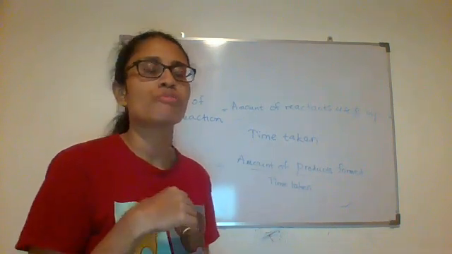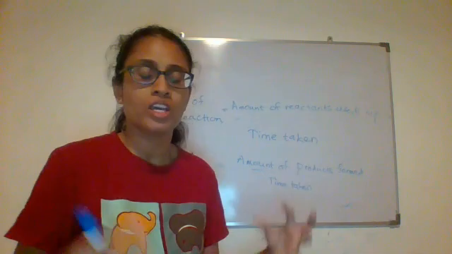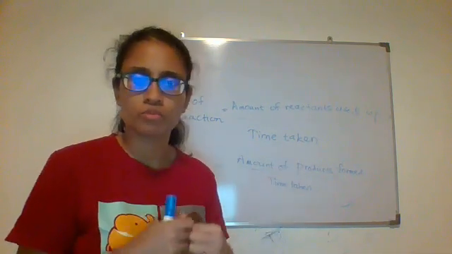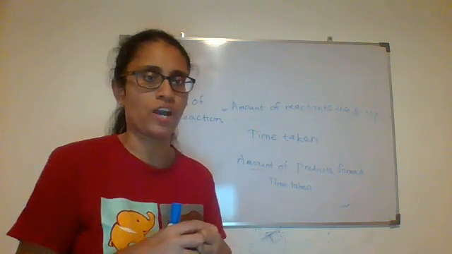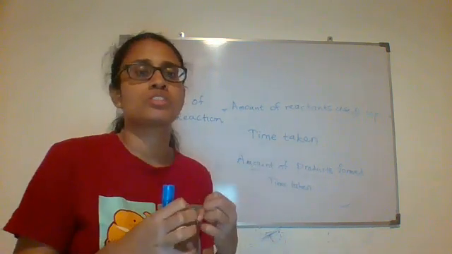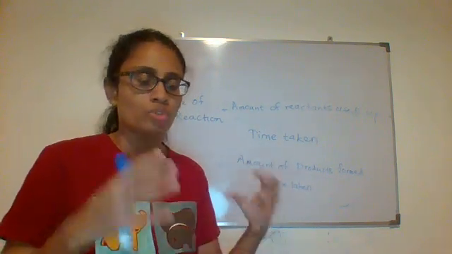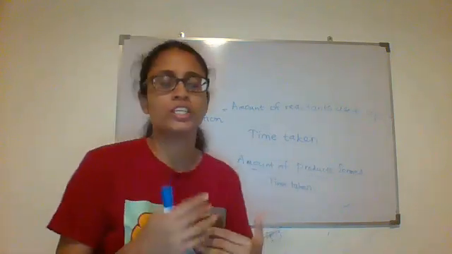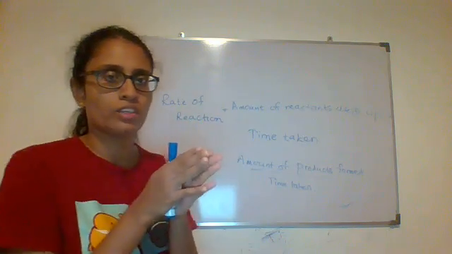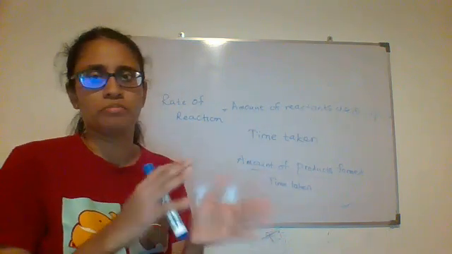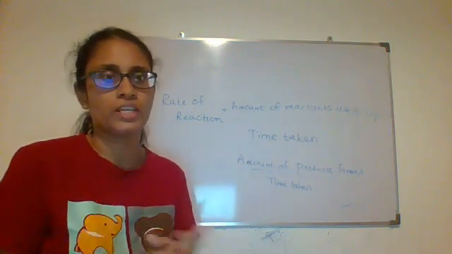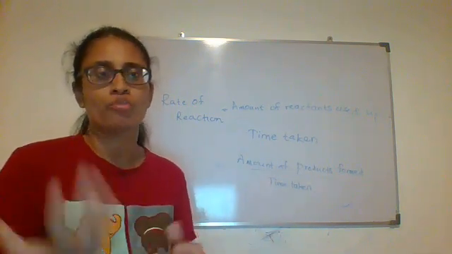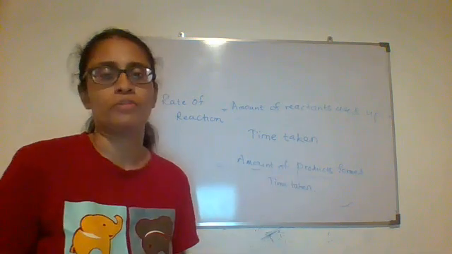For a reaction to happen, the reactants should come closer to each other, and there should be collisions with each other. Then the bonds between the particles of reactants are broken, and when forming the products, bonds are formed.